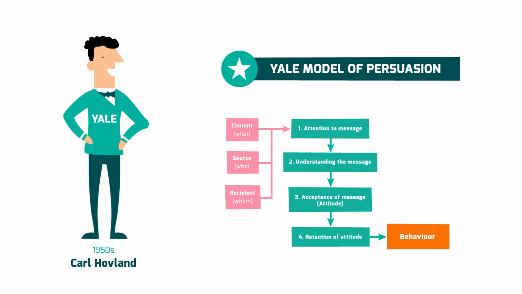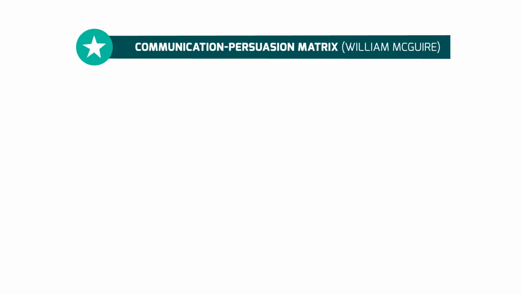Building on the Yale model of communication, William McGuire developed his communication persuasion matrix, in which he expanded the number of steps a persuasive message should go through in order to achieve the desired final effect, permanent behavior change. For example, a consumer who is a loyal buyer of the advertised brand.